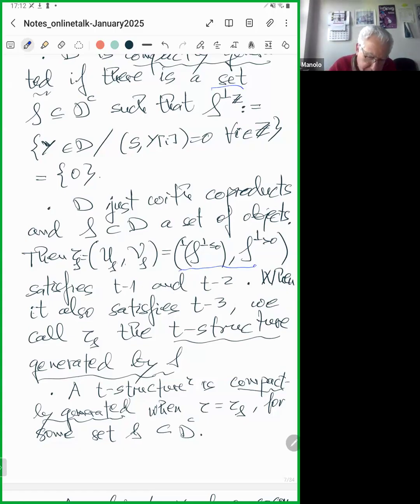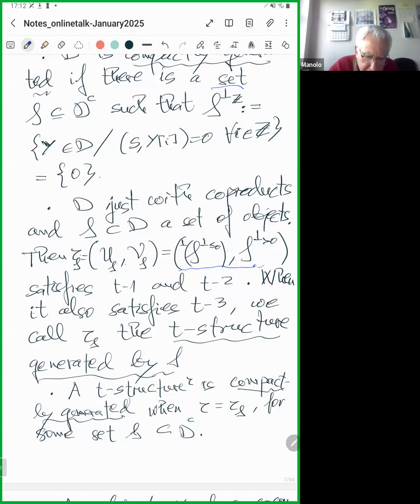And on the other hand, you have the same definition with negative shifts, but you take the left orthogonal, where this pair satisfies conditions T1 and T2. The only condition that is not clear is satisfied is T3.